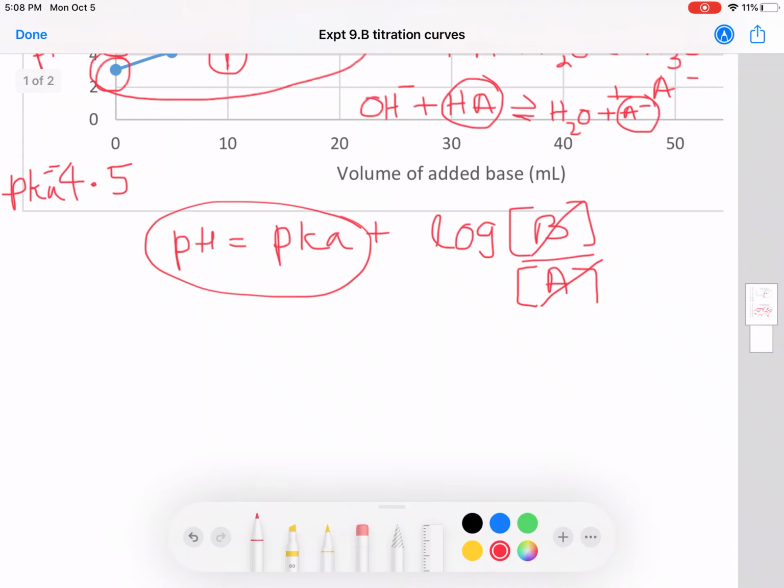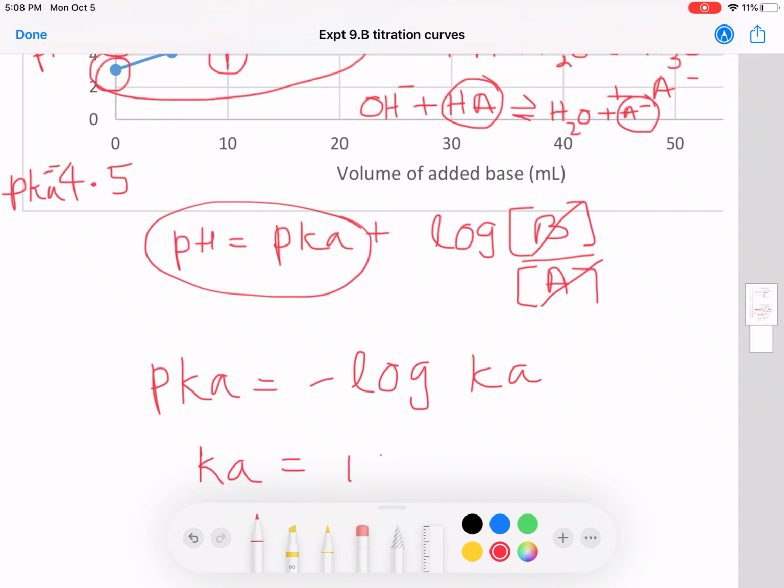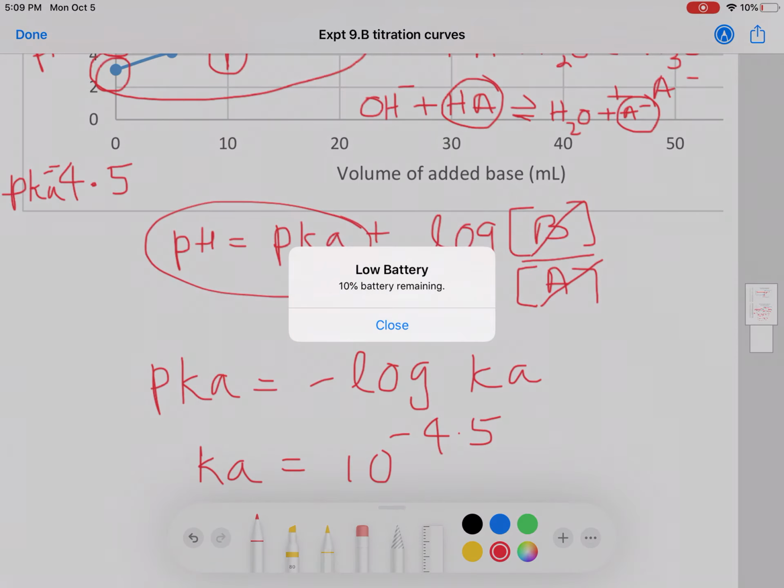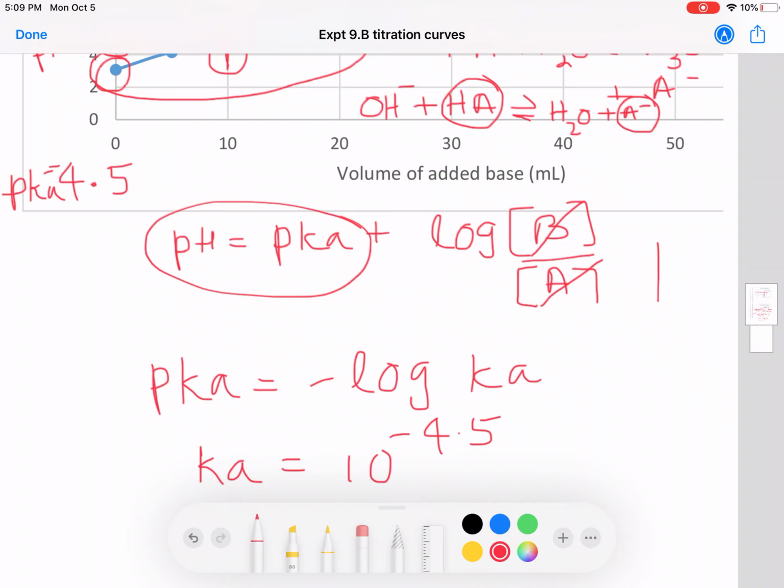Remember the equation for pKa: pKa equals negative log of Ka. So Ka is going to be 10 to the negative 4.5. You can find that, and you need to write down that information in your data sheet for your calculations. Okay, so that's how you're going to answer the questions.